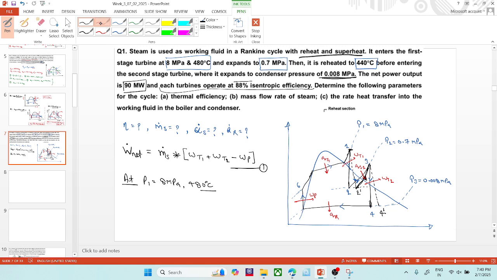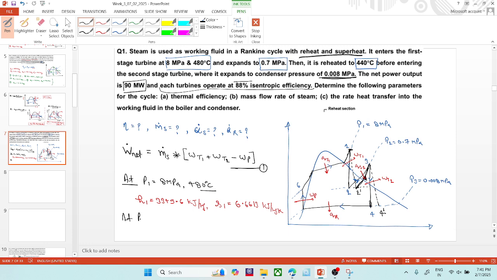I have got the values from there, and H1 is 3349.6 kilojoule per kg, and the entropy I got, S1, is equal to 6.6613 kilojoule per kg Kelvin.